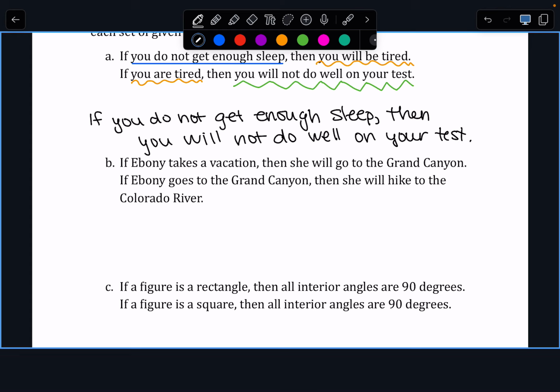If the figure is a rectangle, all the interior angles are 90 degrees.